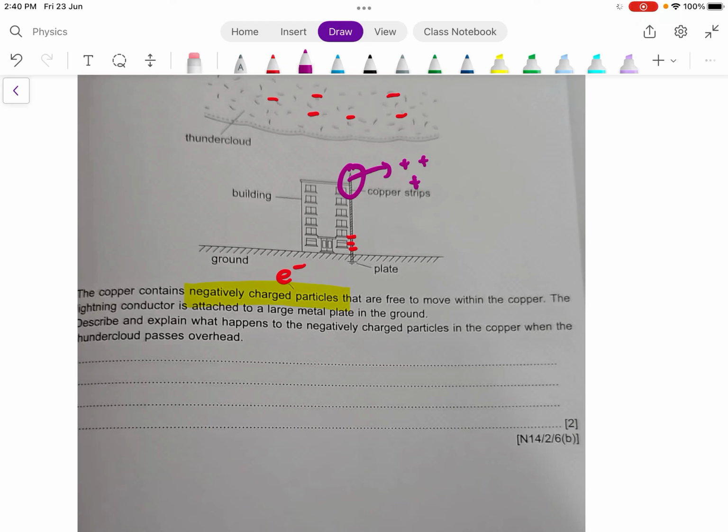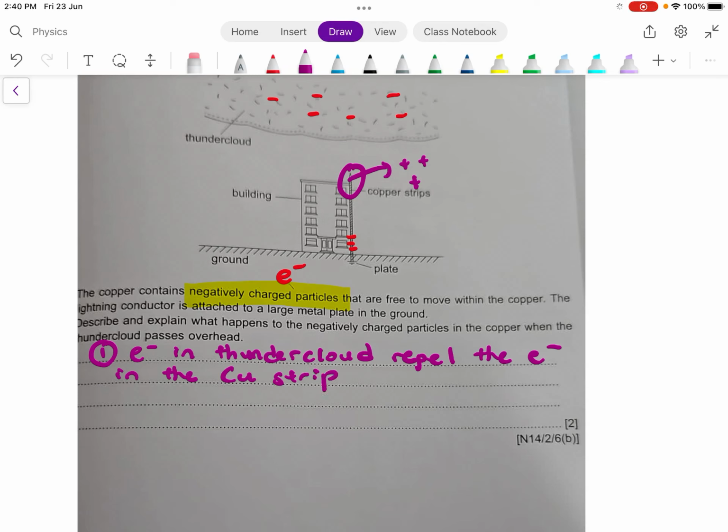First, you just say that the electrons in the thundercloud repel the electrons in the copper strip. So this is the first credit.